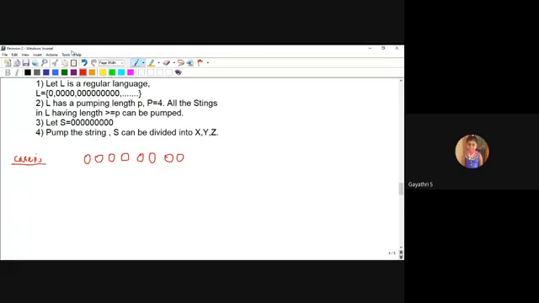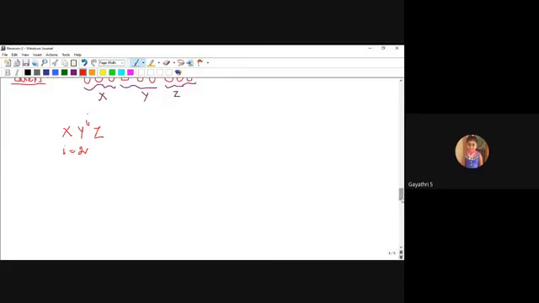So in this case, I will choose the first 3 as X, the second 3 as Y, and the remaining 9 minus 6 zeros, the third part, as Z. Now I have to take X Y power i Z, right? So assume i equal to 2. This is also your assumption.